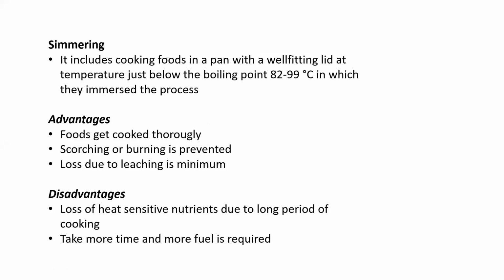The advantages include that food gets cooked thoroughly, scorching or burning is prevented, and the leaching of nutrients is minimal. The disadvantages include that heat sensitive nutrients will be lost due to the long period of cooking, it is a time consuming process, and more fuel is also required for simmering.